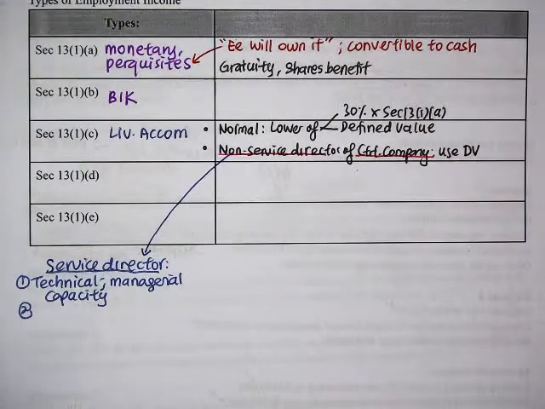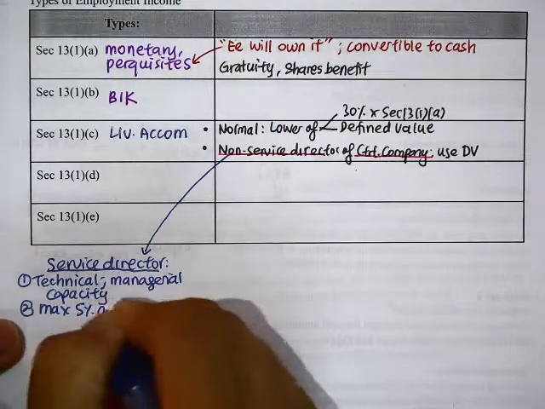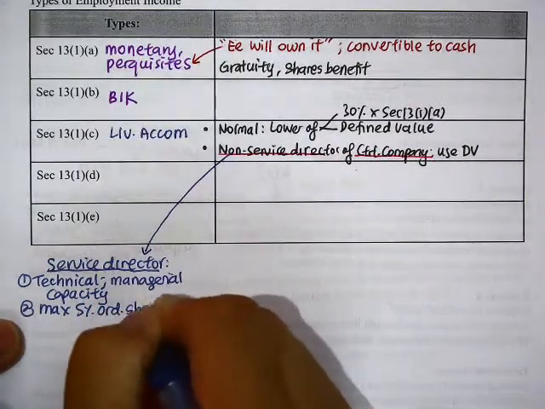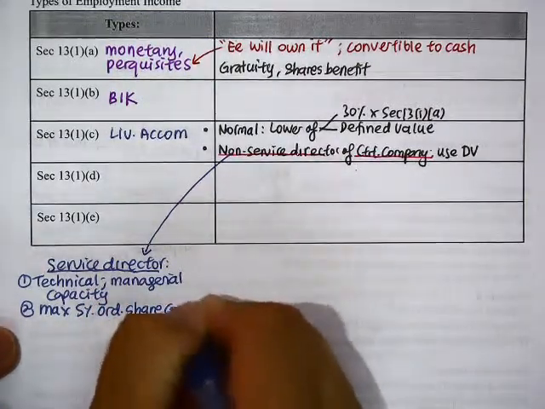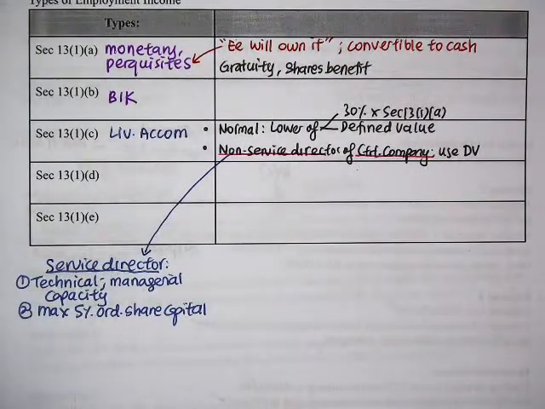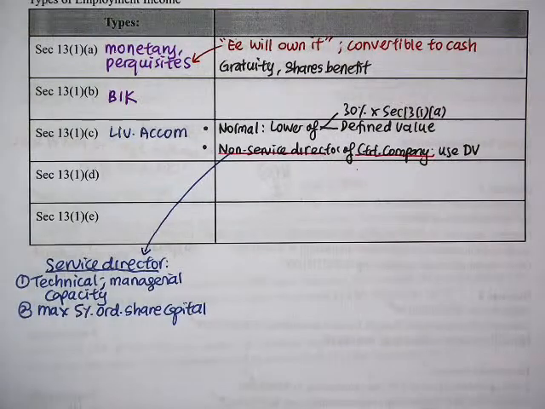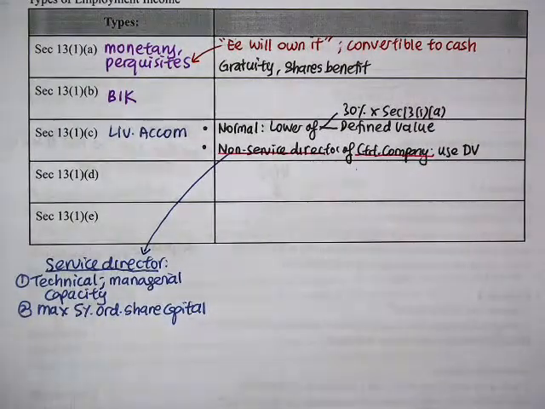So your job function is full-time director with technical managerial capacity, and maximum you can only own up to 5% ordinary share. That's called service. A very easy way to tell you a non-service director is, I say this guy is a 30% shareholder of this company. Once you own more than 5%, you automatically become non-service.